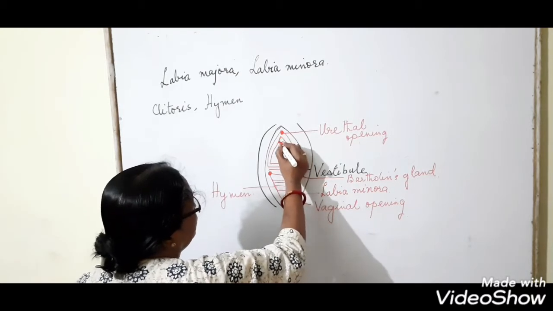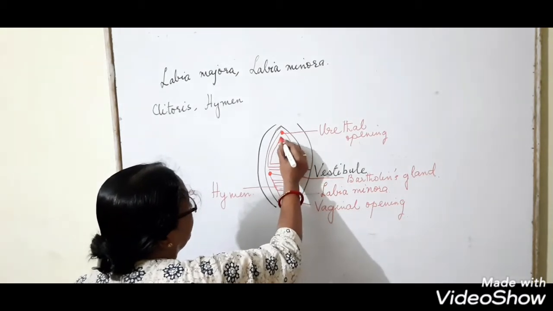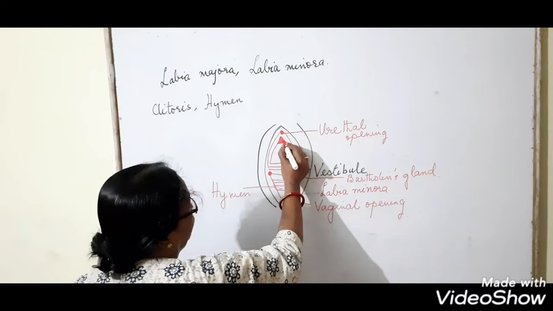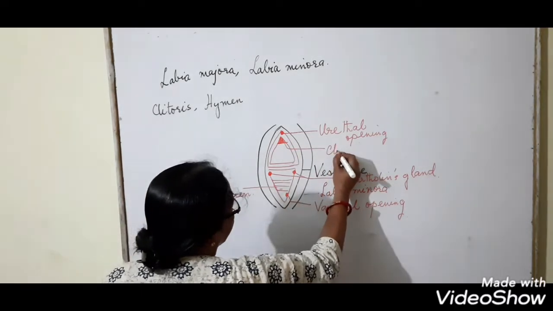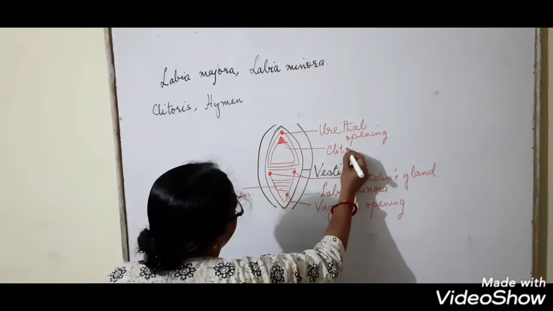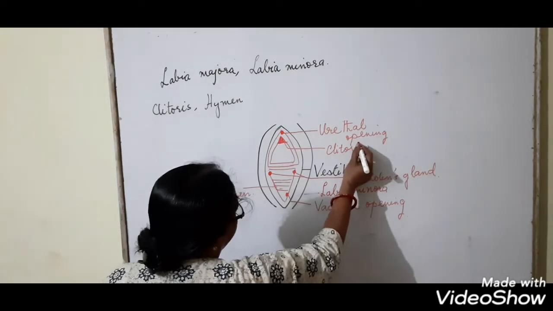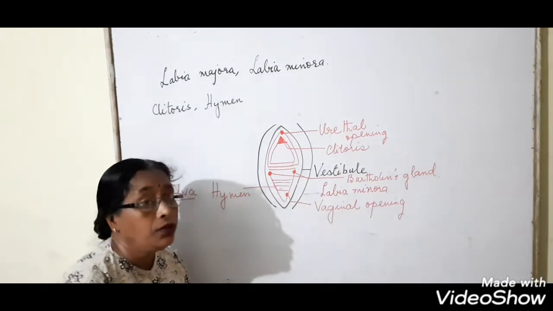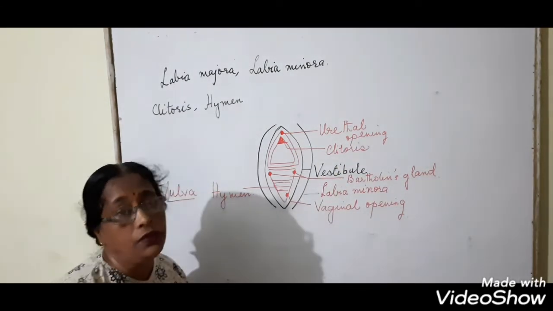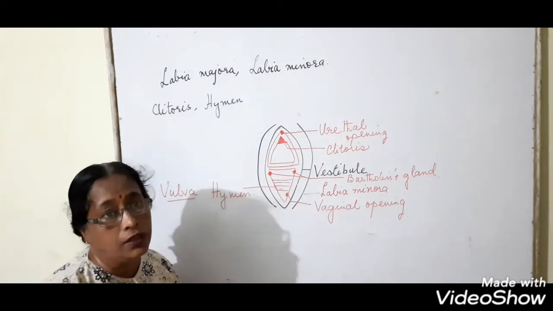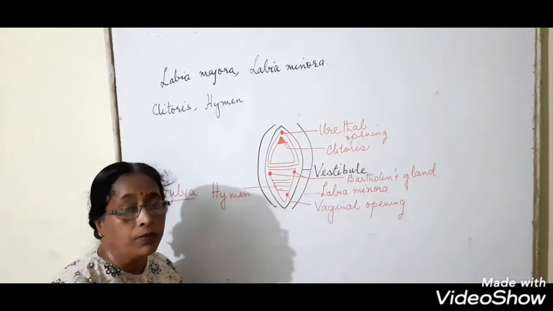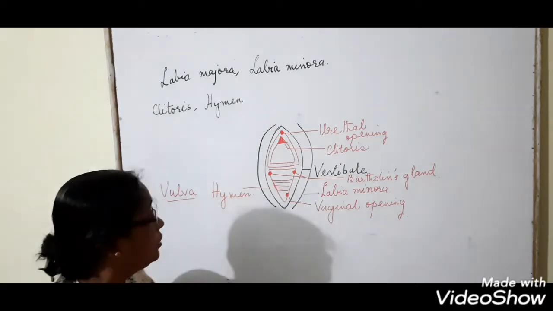It keeps the whole area hydrated or moist. A small erectile structure is found, known as the clitoris. The clitoris is also homologous to the penis of the male reproductive system. Both are made up of erectile tissue.